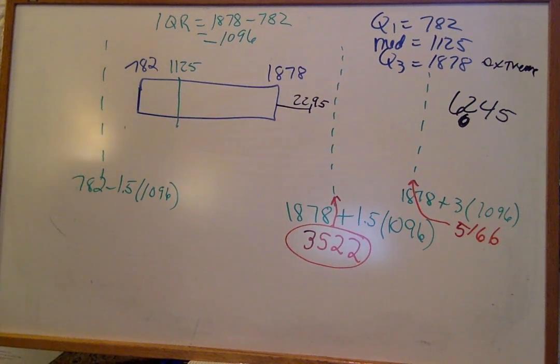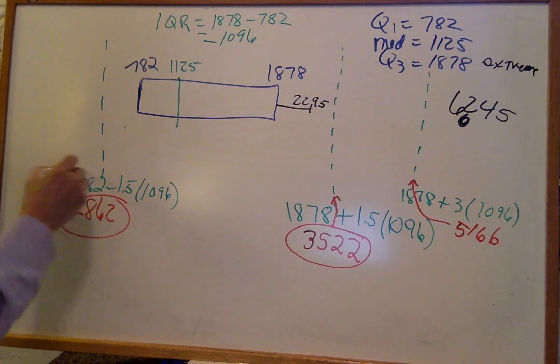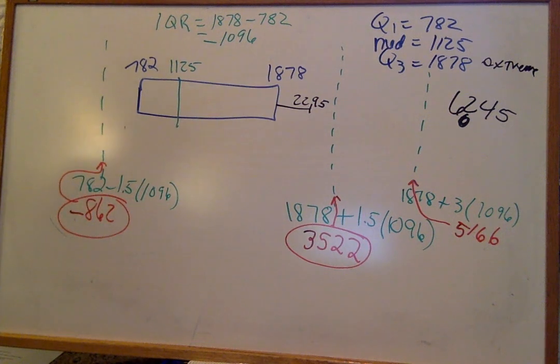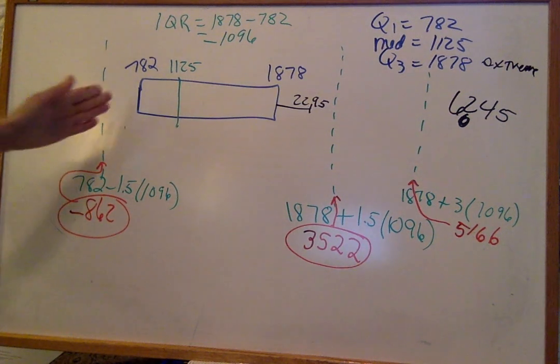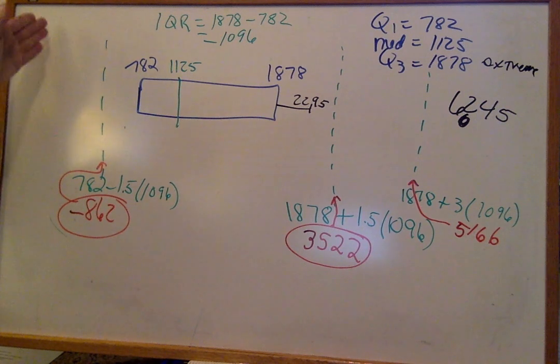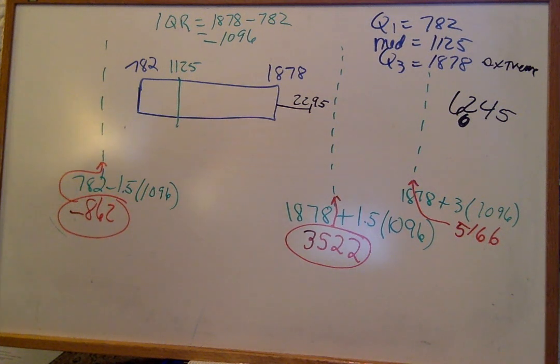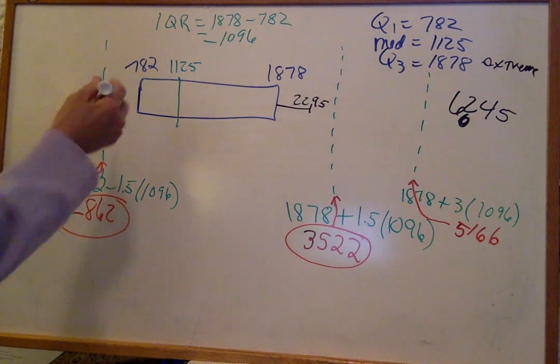Negative 862. That is that fence. Since I don't have any data points falling below negative 862, I can cheat and not show the next fence. So the whisker is actually going to come to the minimum on this one, which is 73. Instagram, yeah, 73.